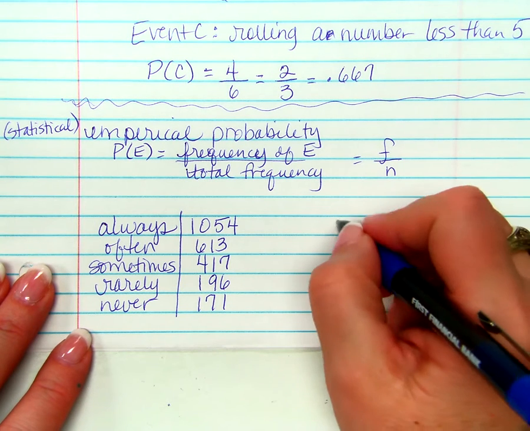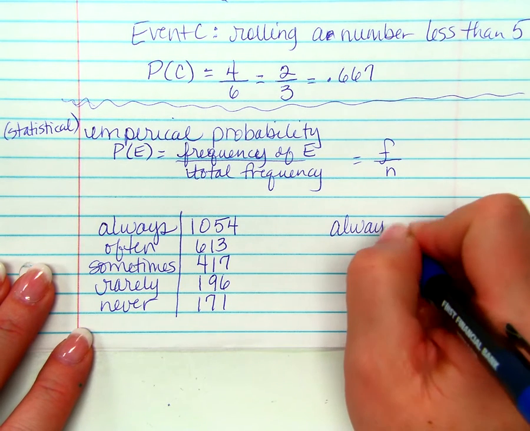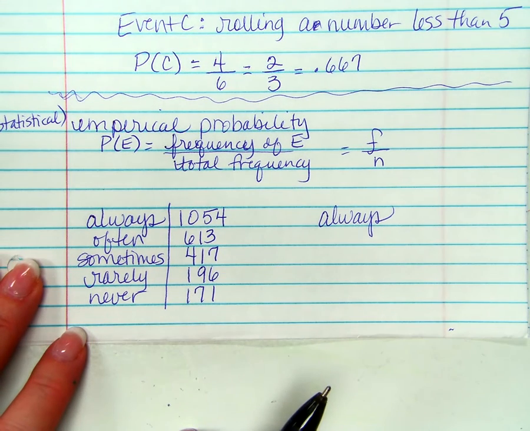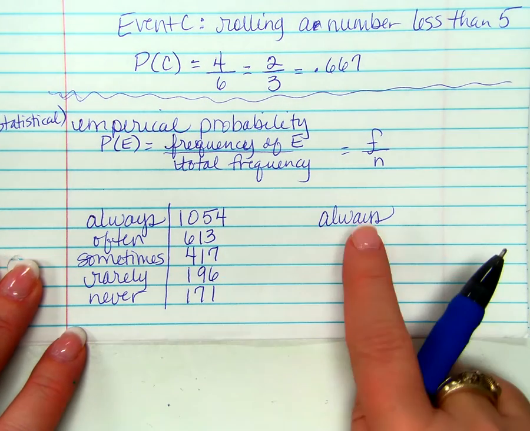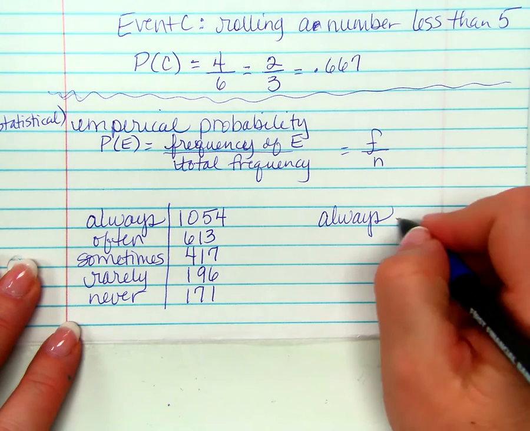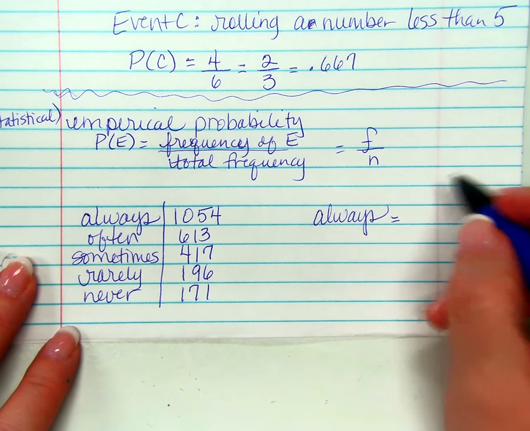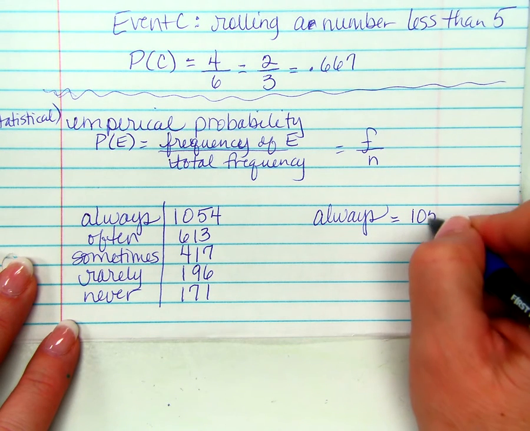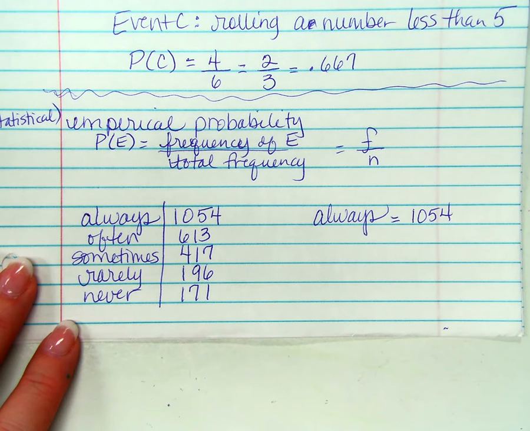So I want to know the probability that we choose one of these surveys at random and it says always on my survey. Well, what's the frequency of always? And what's the total frequency?